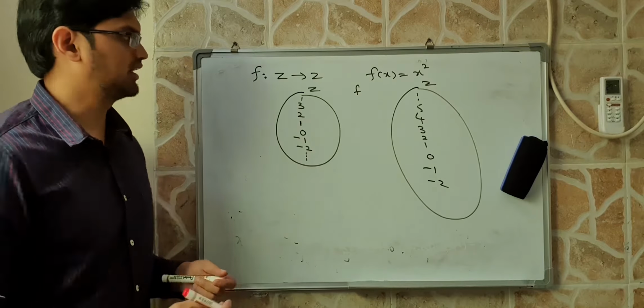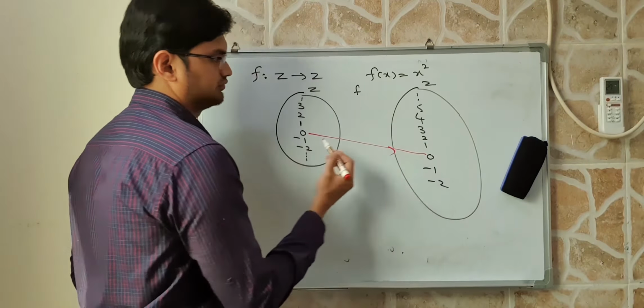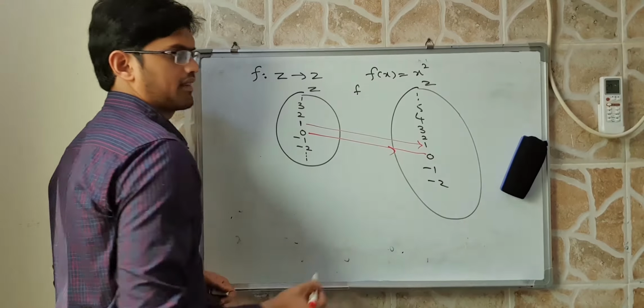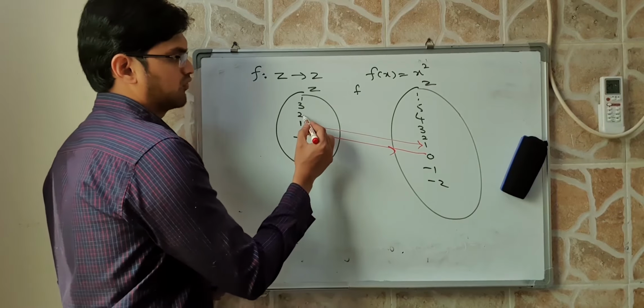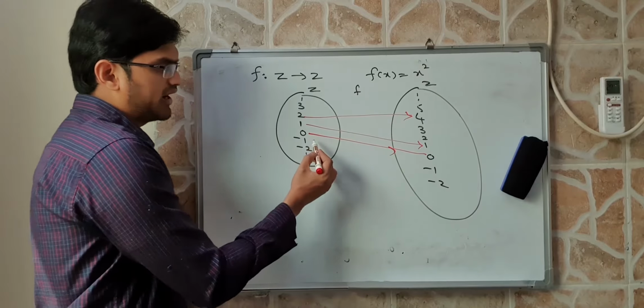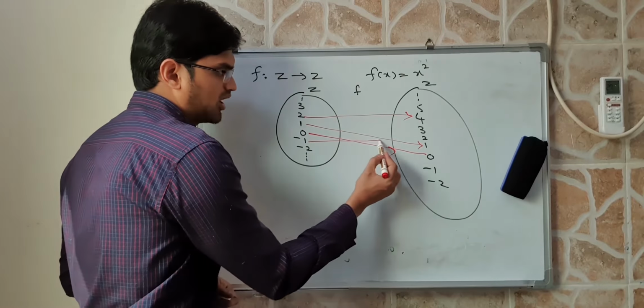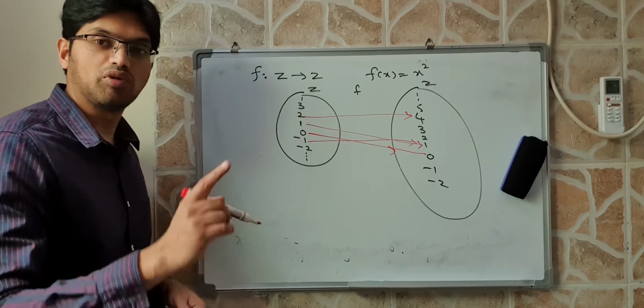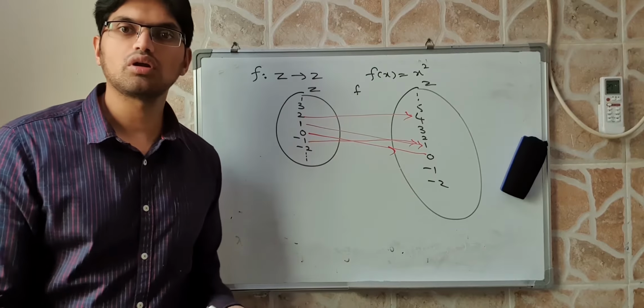Let us quickly understand. 0 maps to 0, 1 maps to the square of 1, 2 maps to 4, like that, 3 maps to 9. What about -1? -1 also maps to 1. What about -2? -2 square is what? 4.